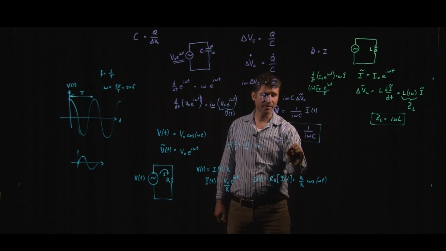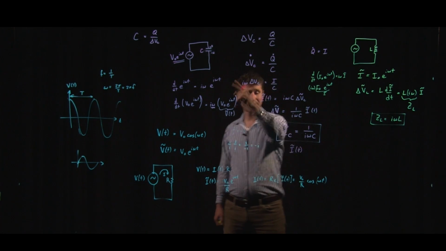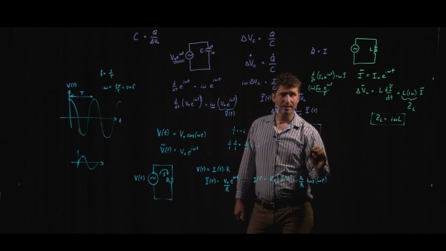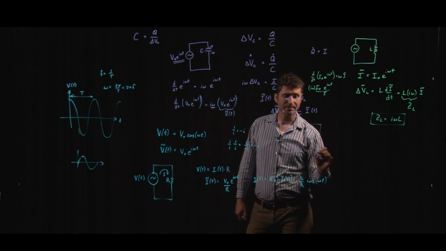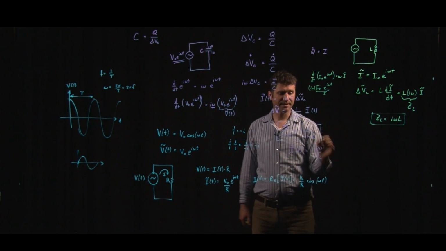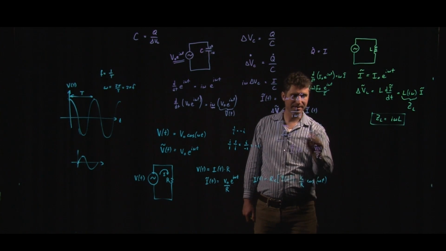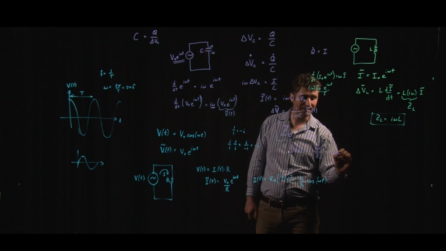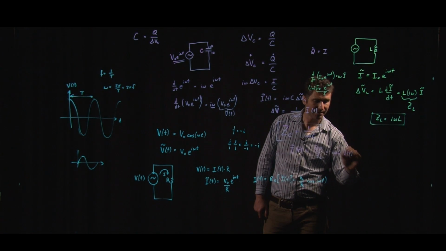The current going through this capacitor is equal to V of t over Z_C, and this Z_C is simply 1 over i omega C. So if I do 1 over that, I get i omega C times V of t.